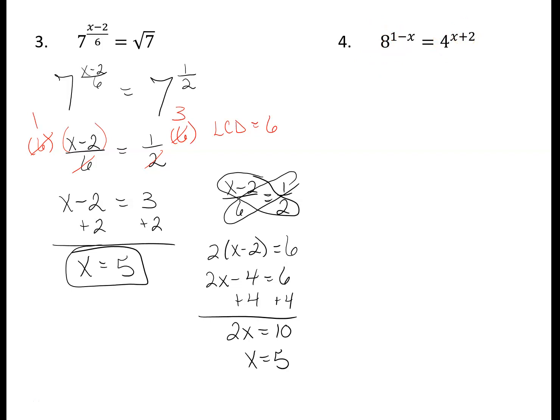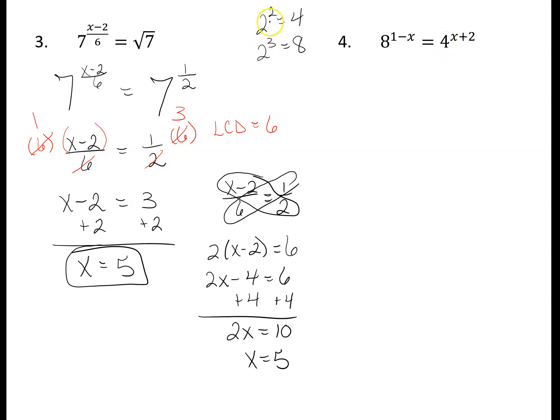So if I can't do that, then I want to think about, well, could I change the base on both sides? So if I wanted to rewrite 4 as a whole number to a power, well, I could do that with 2, squared. And then if I went to 2 cubed, I would get 8.